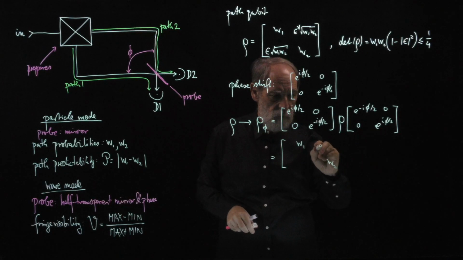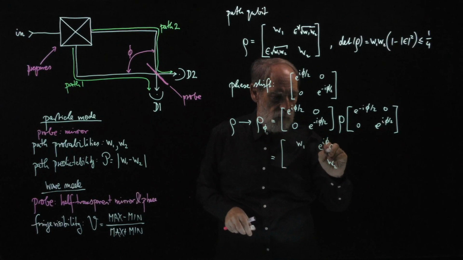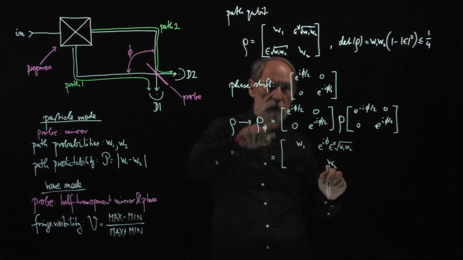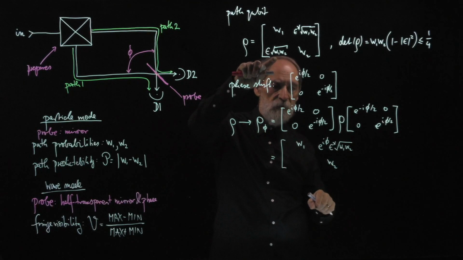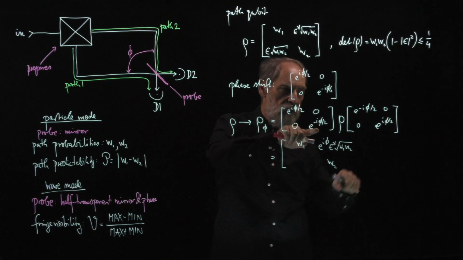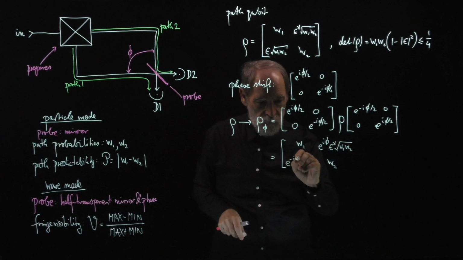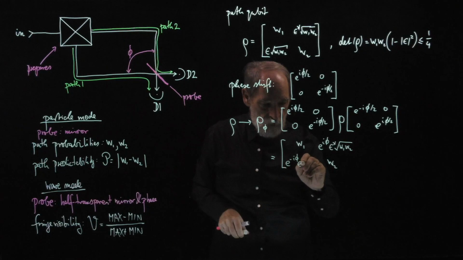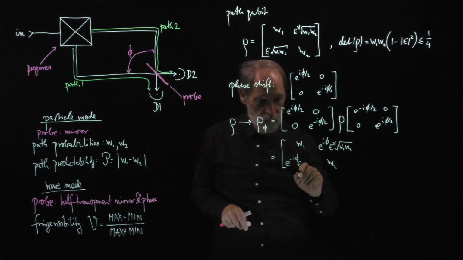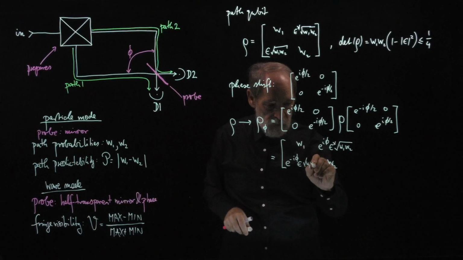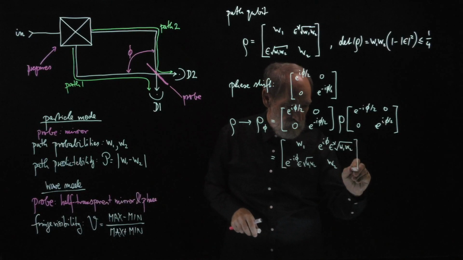So this will be multiplied by e to the i phi, and then we have the epsilon complex conjugate and the W1 W2. And for this off-diagonal matrix element, we get two factors of e to the minus i phi half. So the overall effect will be introducing a phase of e to the minus i phi, and other than that, the matrix element is as before.